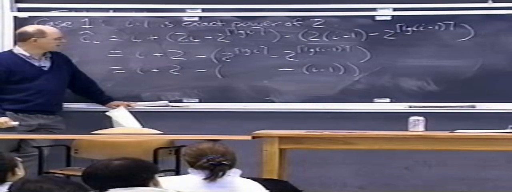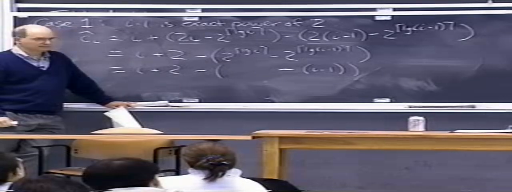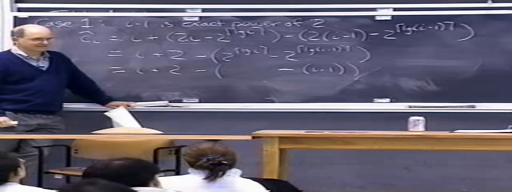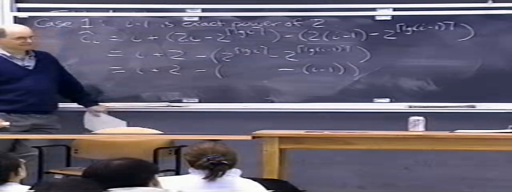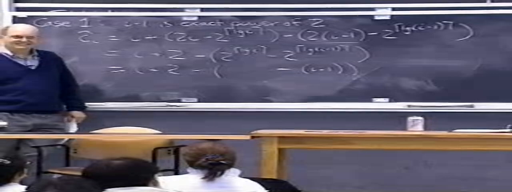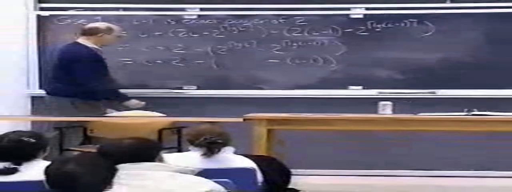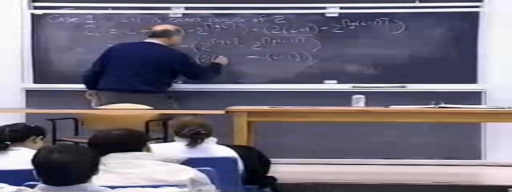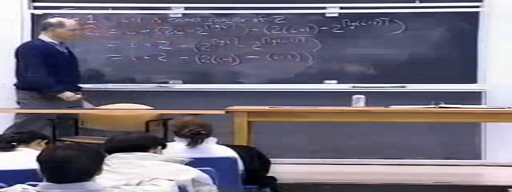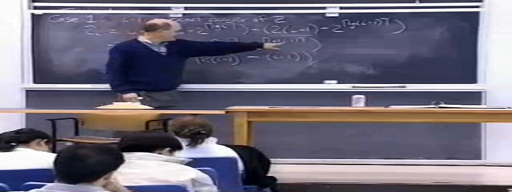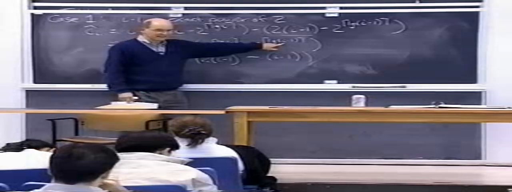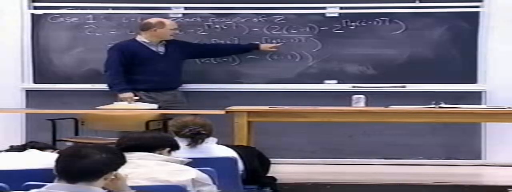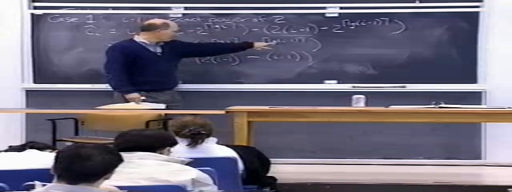So I minus 1 is an exact power of 2. 2 times I minus 1. Because this is 1 bigger now than this. So this is twice that. Excuse me, this is 1 larger than that.